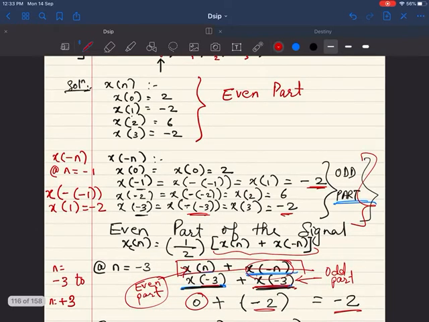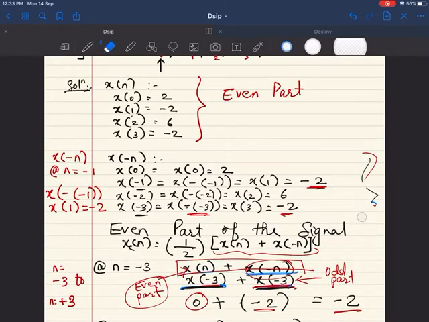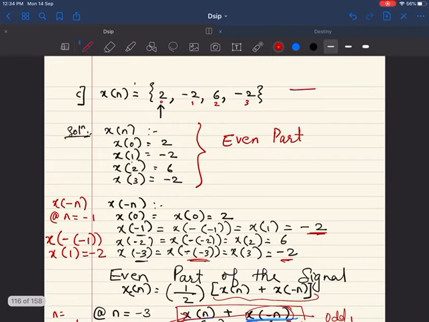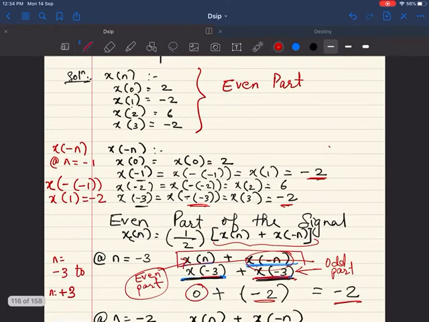Now I have to compute the odd part of the signal, which is x of minus n. Okay, so wherever there is n, I just substitute it with minus n. Okay, and keeping this as the base equation, I compute the value of x of minus n. This is the odd part.